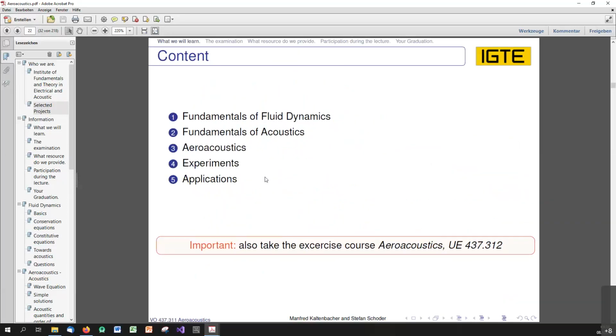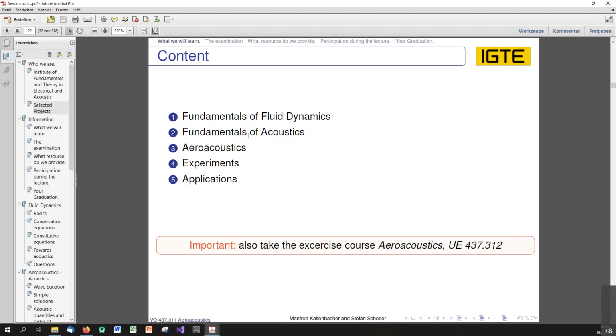And now we come to the content of the course. We are first doing the fundamentals of fluid dynamics, as the understanding of fluid dynamics is crucial for the source mechanisms. Then we do the fundamentals of acoustics, as most of you are already kind of specialists there. Acoustics is second because it is the model of the wave transportation.